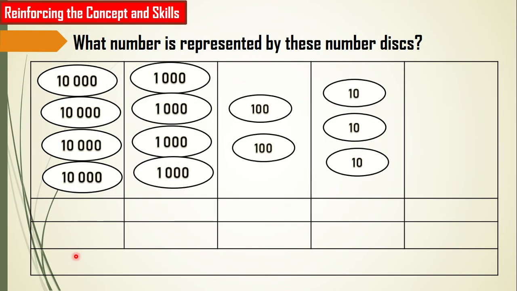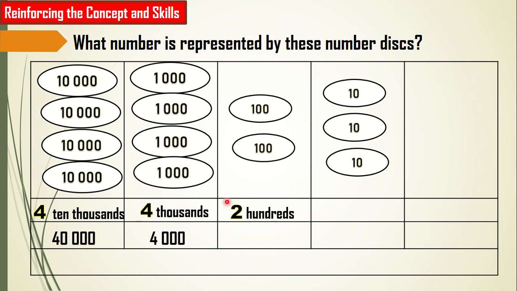Let's have another one. What number is represented by this number disc? Let's see if you got it right. We have 4 10,000s. 4 10,000 discs is 40,000. We have 4 thousands. 4 1,000 discs is 4,000.